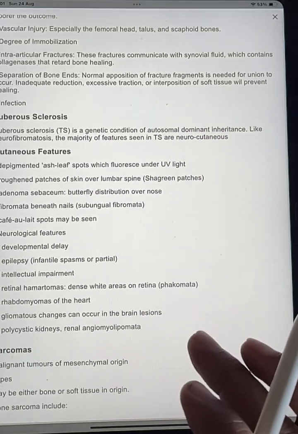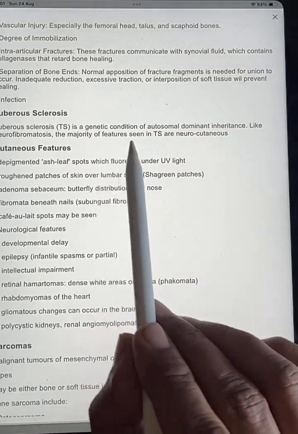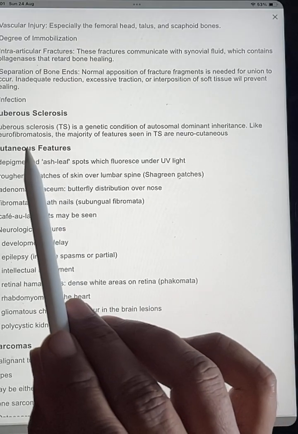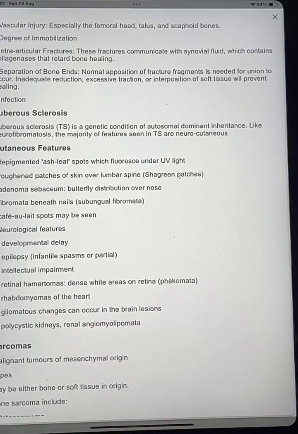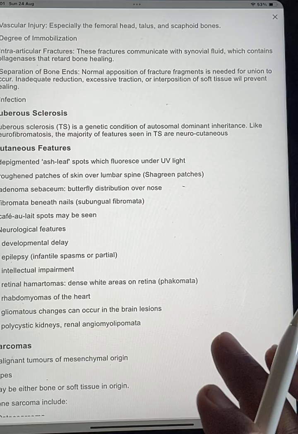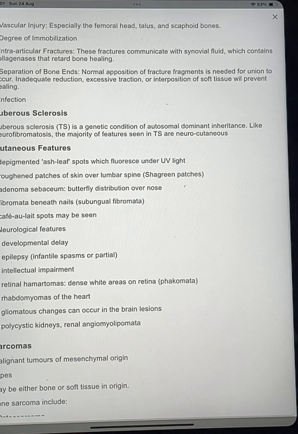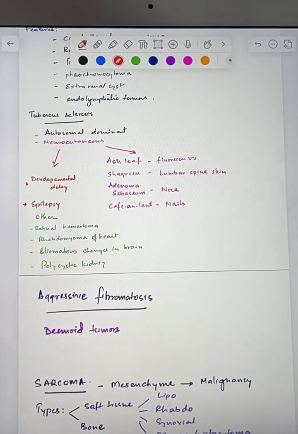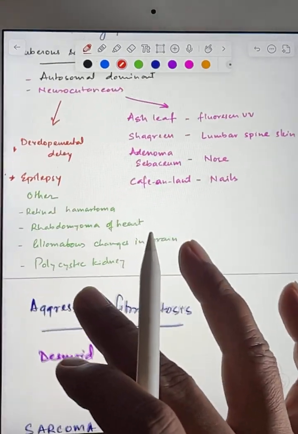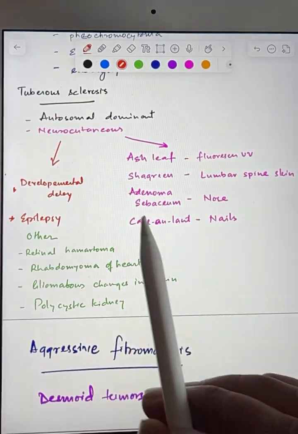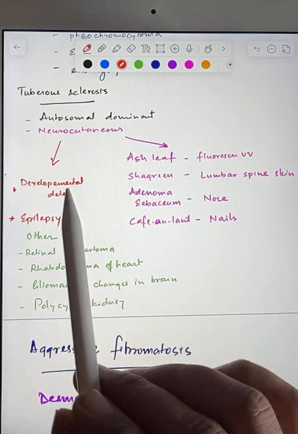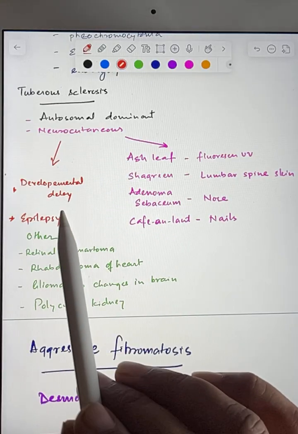Tuberous sclerosis is a genetic condition of autosomal inheritance, like neurofibromatosis. So tuberous sclerosis is autosomal dominant and has neurocutaneous features.